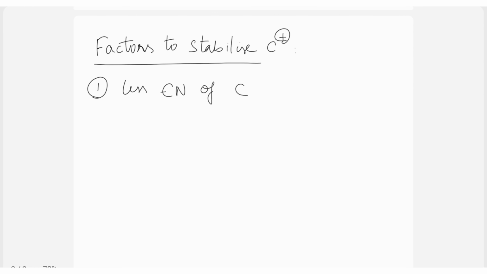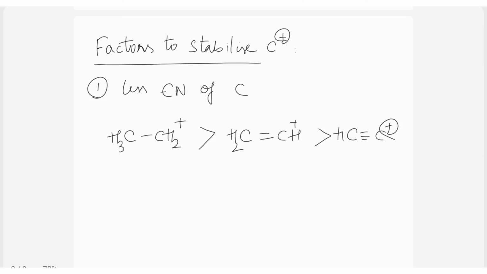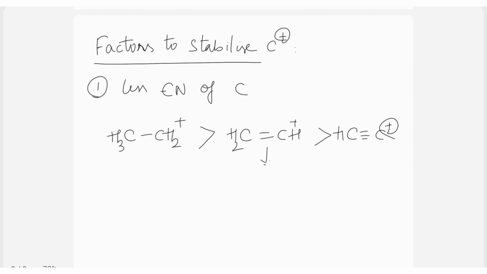Suppose the electronegativity on the carbon is less, for example, a methyl attached to CH2. This is said to be more stable compared to the vinyl carbocation, and more stable compared to the triple bond containing carbocation, because as double and triple bonds are formed, the electronegativity is going to increase and acidic behavior is going to increase.